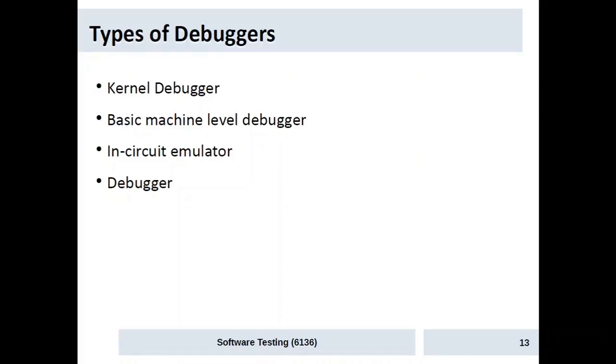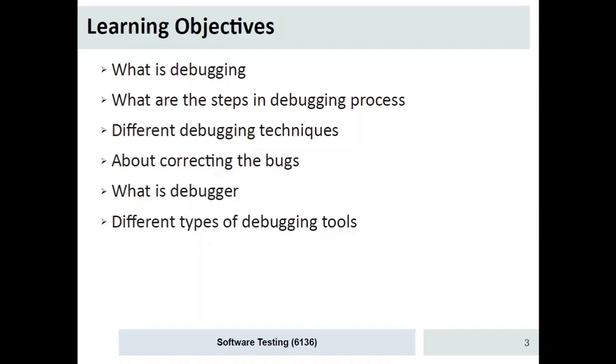This summarizes various debugging techniques and debugging tools used in the debugging process. In this tutorial we have learned about debugging, steps in the debugging process, and different debugging techniques. We have learned about correcting the bugs, debuggers and different types of debugging tools.